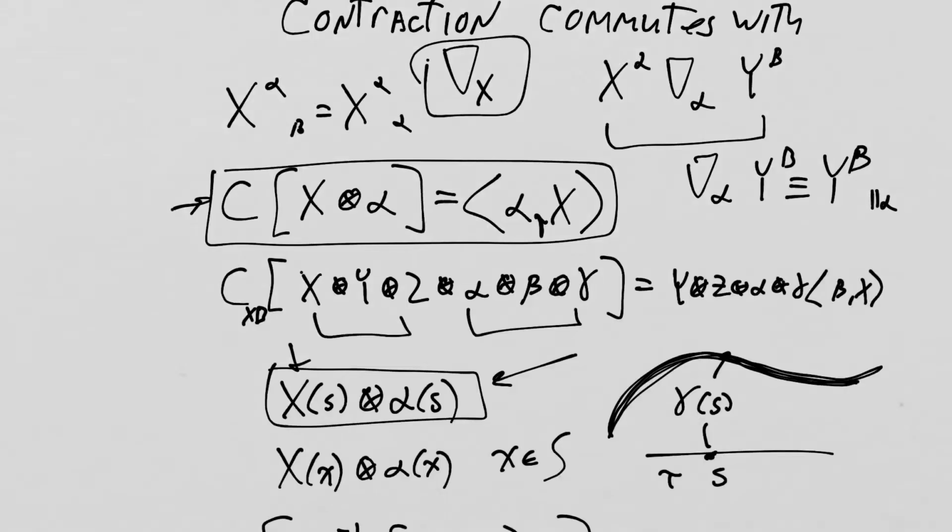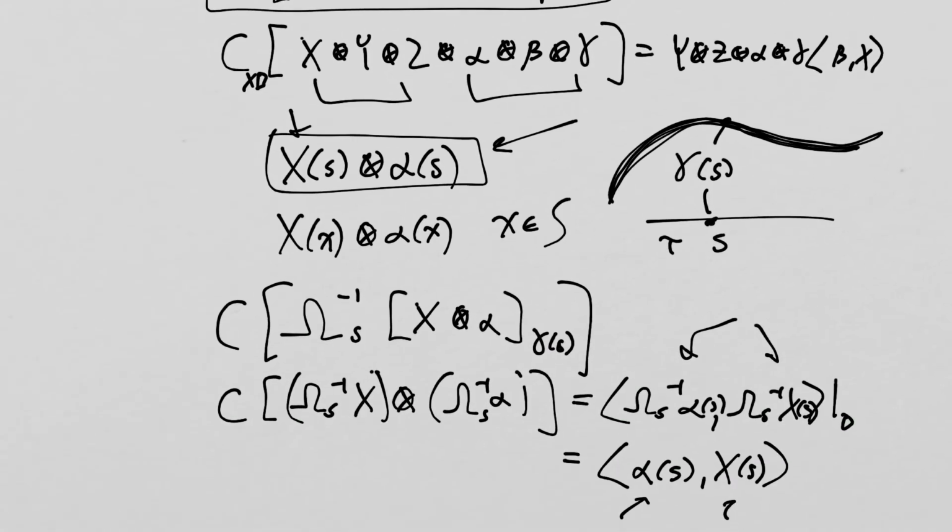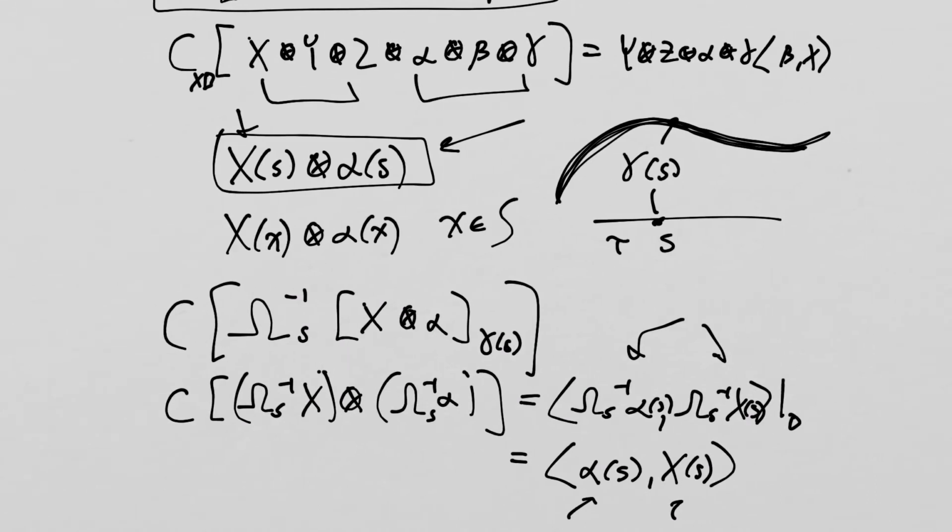but let me make sure this is clear, right? Back here I did this analysis, and we showed that this contraction here equals this dual space mapping evaluated at s. So we shifted this tensor from s to 0 using this operator, but it turns out that that contraction just equals the contraction of these two evaluated at s.